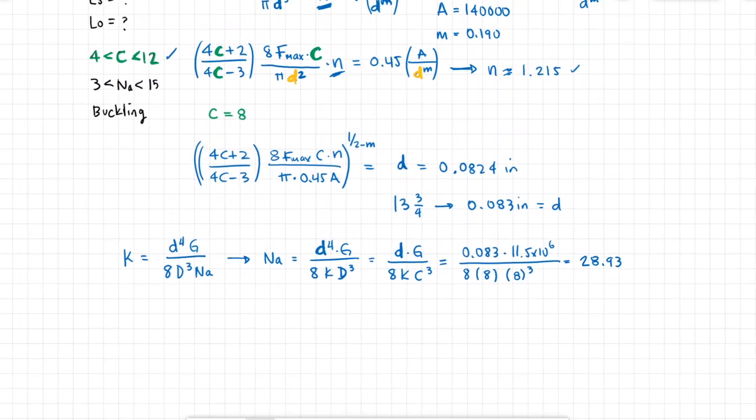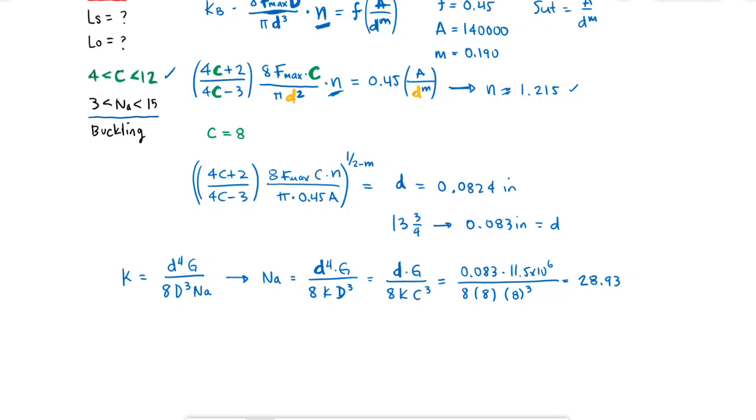And obviously that is not within this range that I wanted. It's way more than the 15 I want.